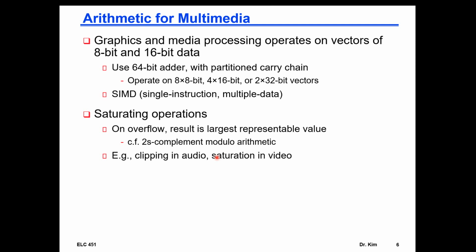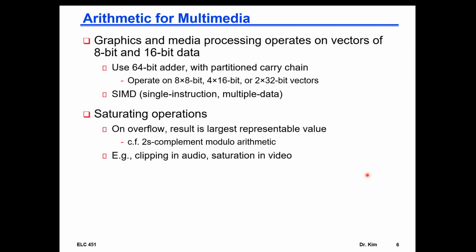But from a computational perspective, we have this hardware. Let's say in the ARM that we are studying, we have a data path that is 64 bits. So how can we leverage the hardware that we have to actually speed up the computation of multimedia type of data? And this is what is called single instruction multiple data type of organization, where we can have a 64-bit adder or a 64-bit multiplier.